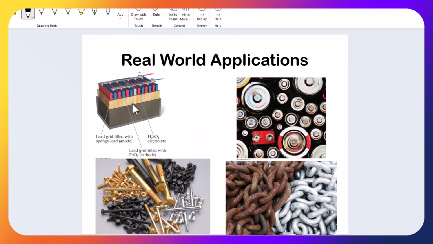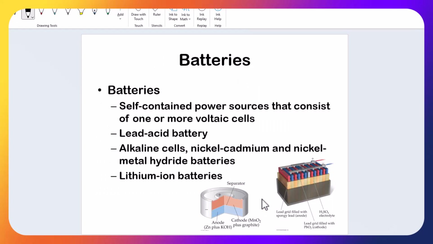Real-world applications: batteries, plating, protecting metals with more active metals so that they don't corrode. Batteries are self-contained power sources that consist of one or more voltaic cells. The lead-acid battery is what you have in your internal combustion engine car.